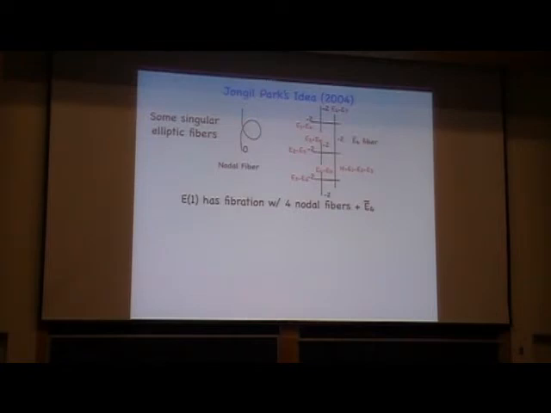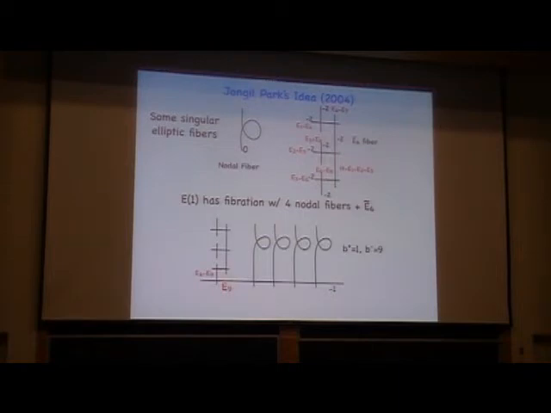And in fact, in the red, I've denoted which homology classes the spheres represent. So there's a picture of E1 with all these singular fibers, and as well, I've shown one of the sections of this elliptic fibration. So the exceptional curves, which are the lines in the various CP2 bars. Remember, E1 is CP2 connected sum 9 CP2 bars. So there are 9 of these standard sections, and I've shown one of them.